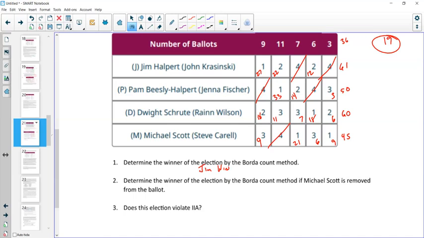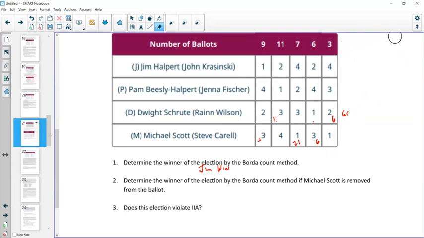Okay, so now let's determine the winner of the election by Borda count method if Michael Scott is removed from the ballot. So now we're going to take Michael Scott out of here. That makes this a 3. 1, 2, 3.